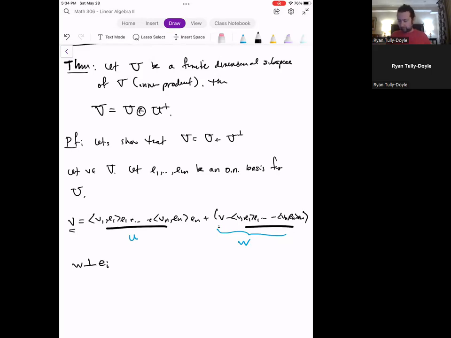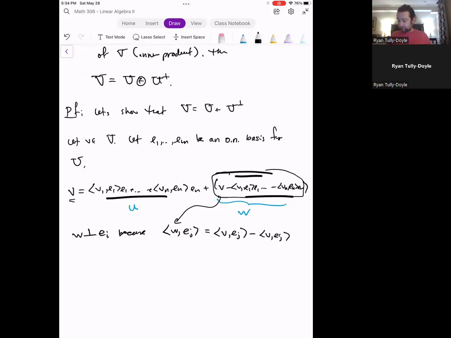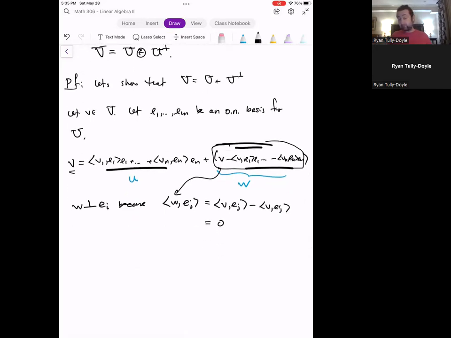I guess maybe we should actually compute it real fast, because the inner product of w with ej is equal to <v,ej> minus <v,ej>. Where did that come from? That came from the definition of w here. If I take this vector and I sub w out for that, and then I use linearity of the inner product, you end up with this statement, which is just 0. If you don't see what's happening here with w being put into this inner product, you should actually write the substitution down and work your way through it. This is something that we saw before in an earlier argument.